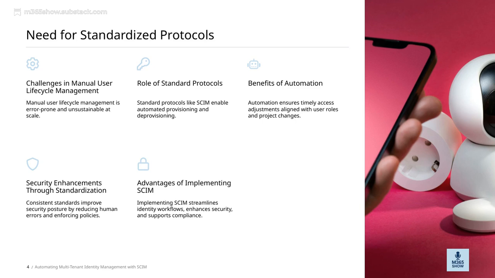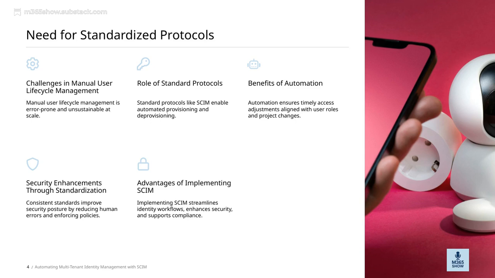When we talk about the advantages of implementing SCIM, the key point is that having consistent standards improves our overall security posture. Automation plays a crucial role here because it ensures access adjustments happen promptly, aligned with user roles or project changes. This not only saves time, but also minimizes risks associated with delayed or incorrect access updates.